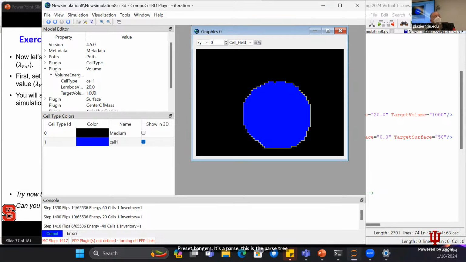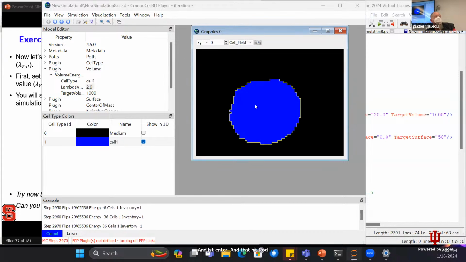The nice thing here is that I can change the values here as the simulation runs. So if I type 2 for lambda volume here and hit enter, and then hit run, well, let's see what happened. Why is it not? Ah, that's an interesting bug.